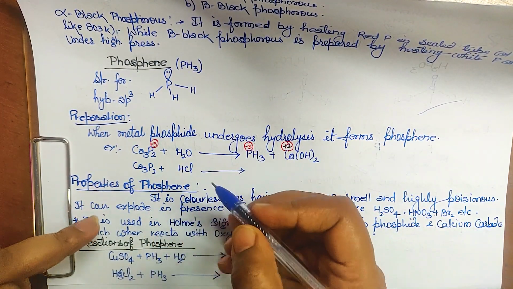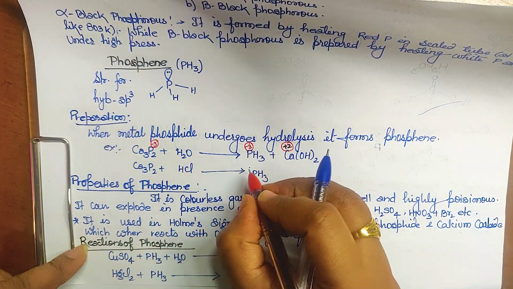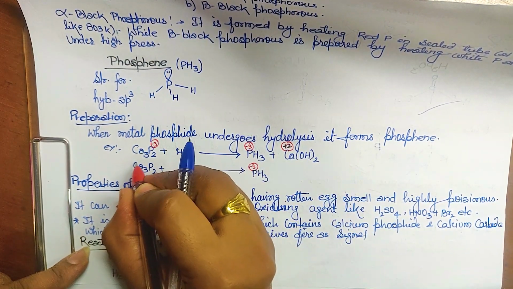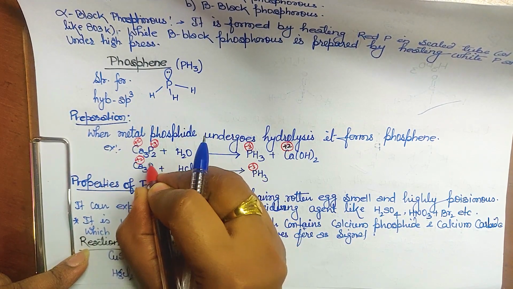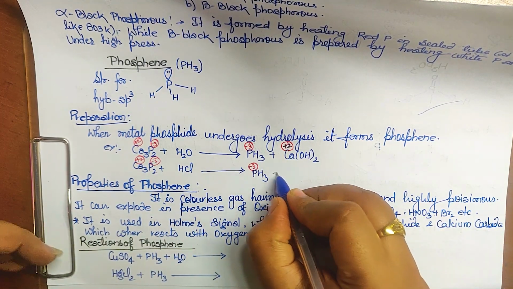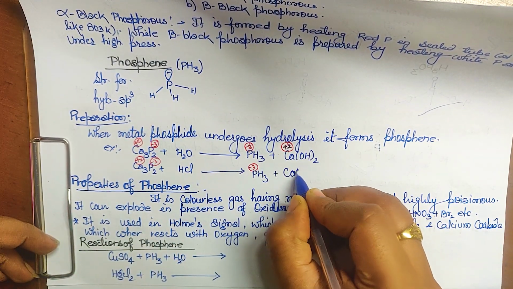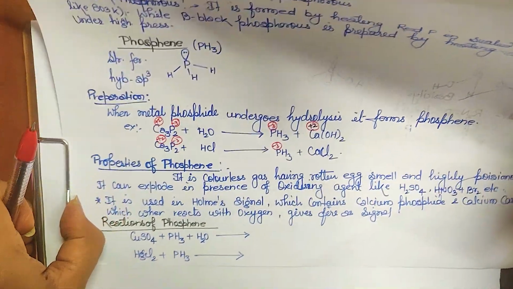Obviously this is -3, so the only product is PH3, yes, isn't it? And what will happen with this calcium? Think of it and tell me what will form. Cl is left over here, calcium is left over here, so yes, it will form CaCl2, isn't it? This is the product.